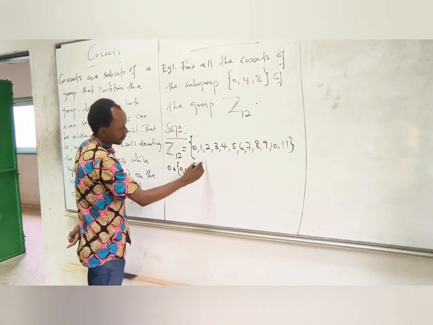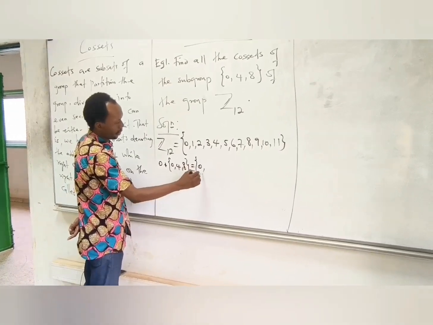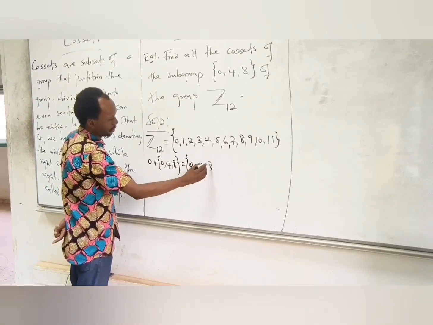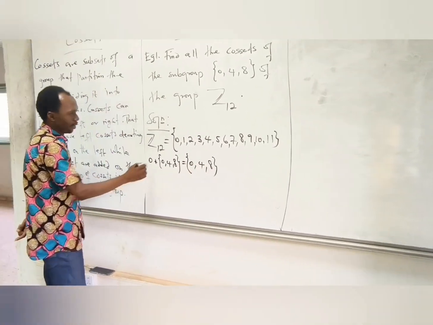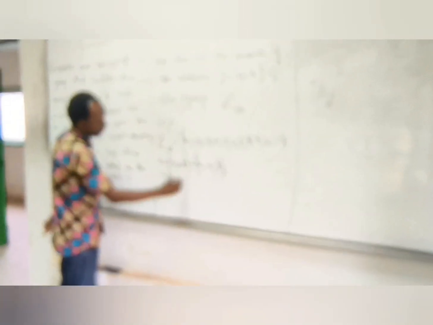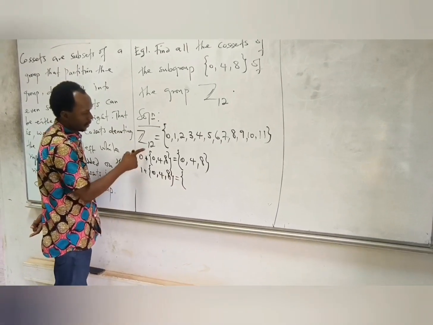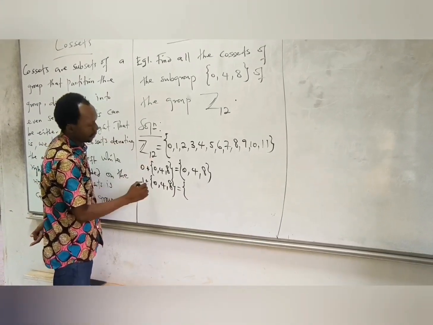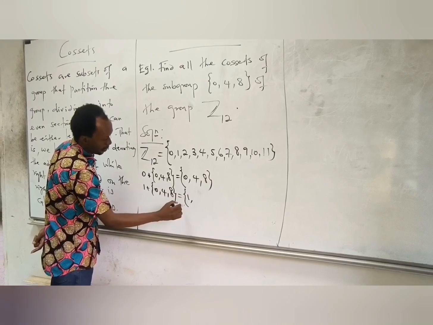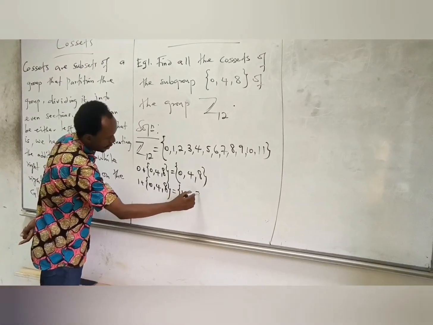So 0 plus this. If you add 0 to this, what do we get? Isn't that the same thing? The same thing. Let's add 1. But remember, we are doing modulo 12. 1 plus 0, 1 plus 4, 1 plus 8: 1, 5, 9.